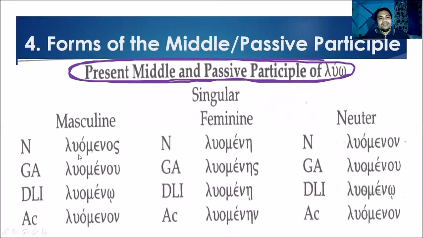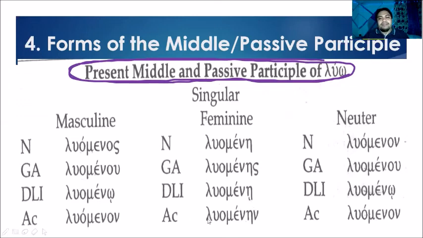So in the nominative masculine, luomenos. The GA, it is luomenou. DLI, luomenoi with an iota subscript. In accusative, luomenon. The feminine, luomene. GA, luomenes. DLI, luomene, the same with an iota subscript.